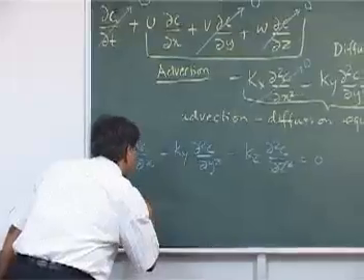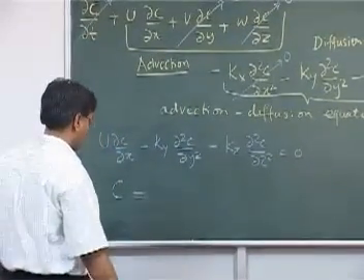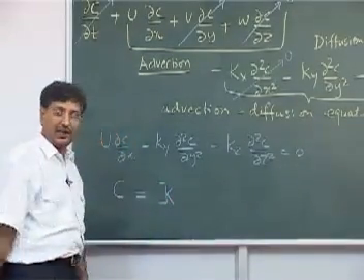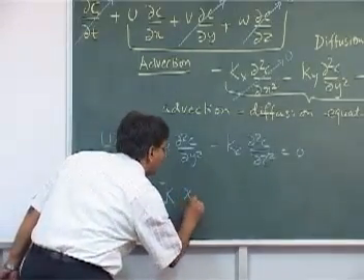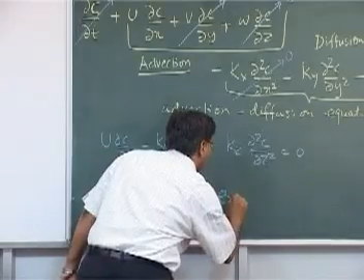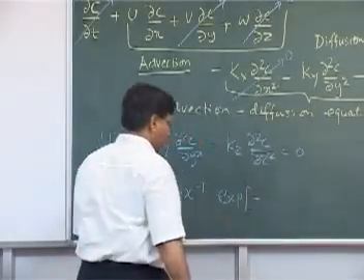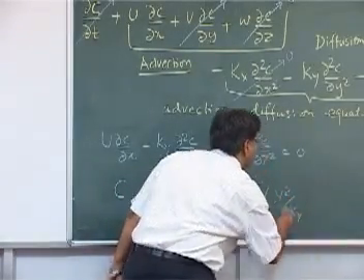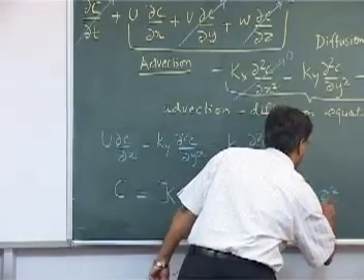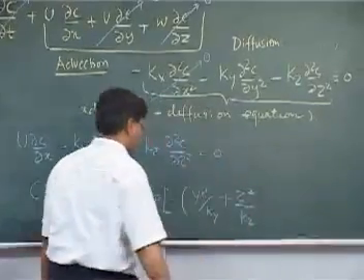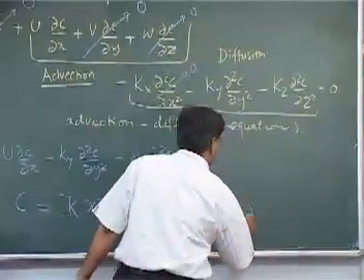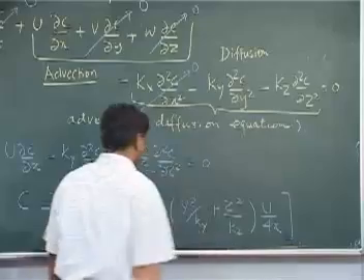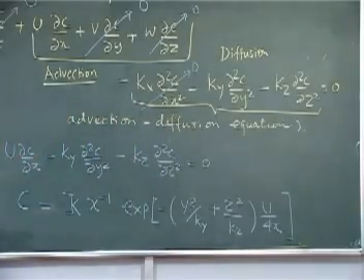So the general expression for this one is C equals a big K, let's say, is a constant, times exponential of minus, y square over Ky plus z square over Kz, times something. That is the general expression I get.